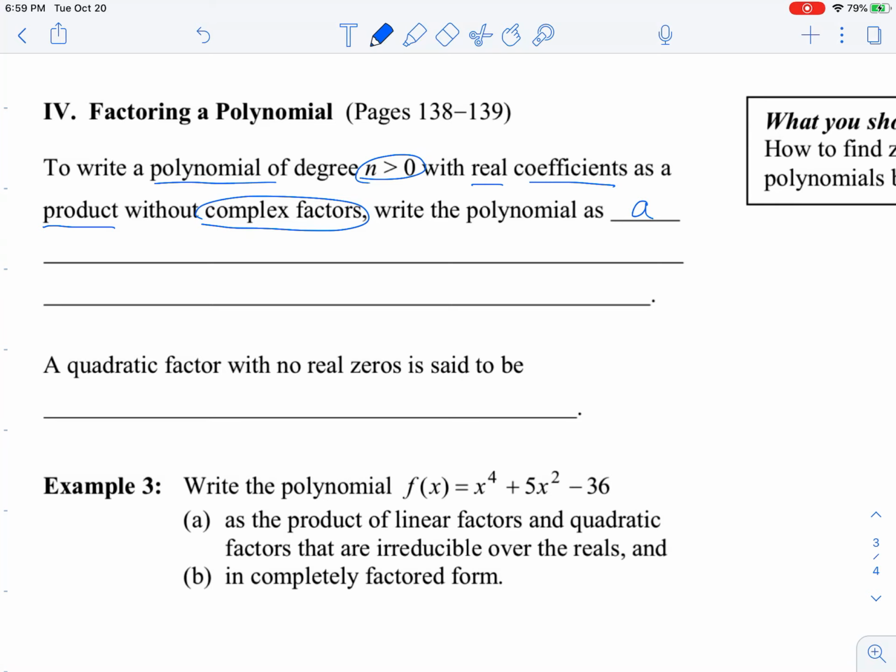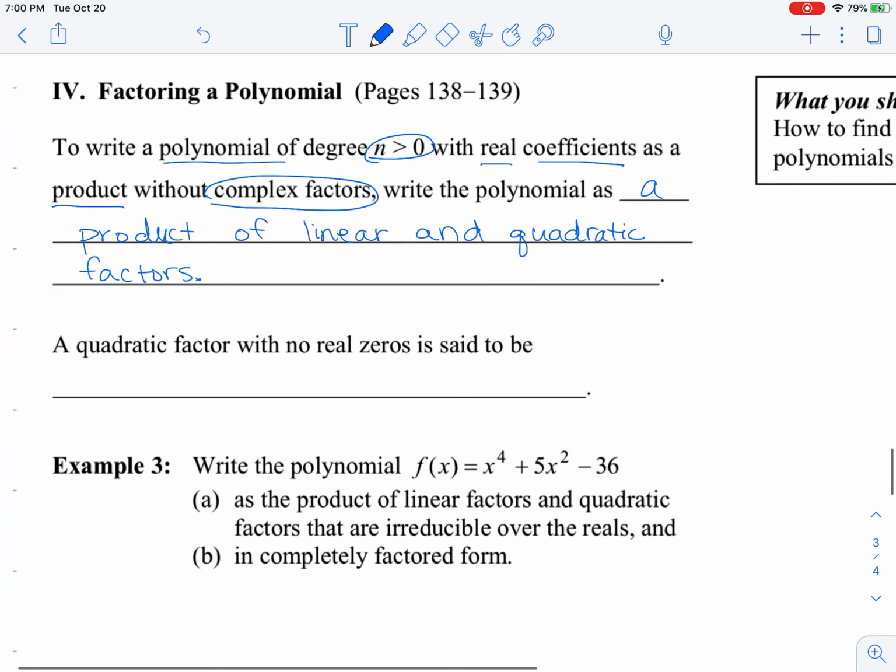We're going to write the polynomial as a product of linear and quadratic factors, because remember, if we're going to have complex roots, it's going to come from the quadratic leftover. So again, if we want to write them without complex factors, you have to use linear factors, which would give you your real solutions, and quadratic factors, which could give you a real solution, but often give you imaginary solutions. And a quadratic factor with no real zeros is said to be prime.